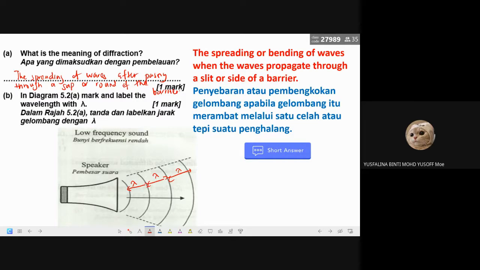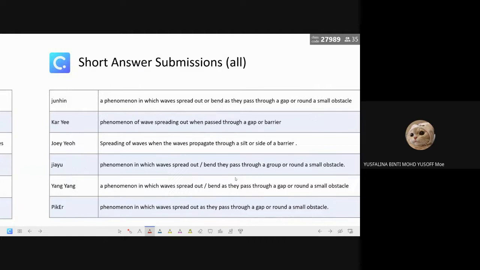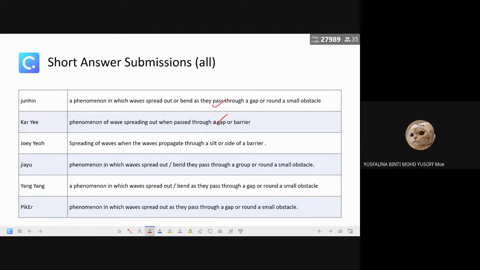So the spreading or bending of wave when the wave propagates through the slit or side of a barrier. So that's the answer, the same as mine. Okay, which was spread out. Okay, very good. Spread out. Very good. Okay, good.